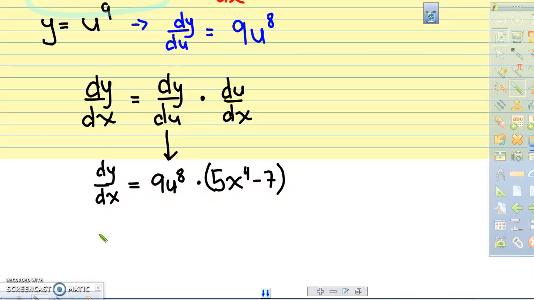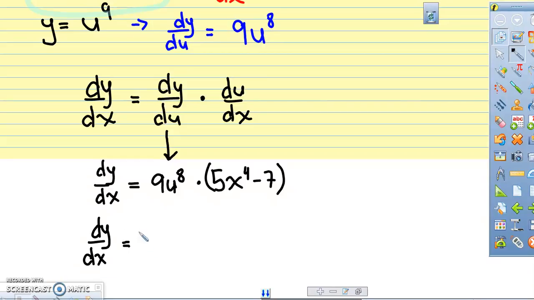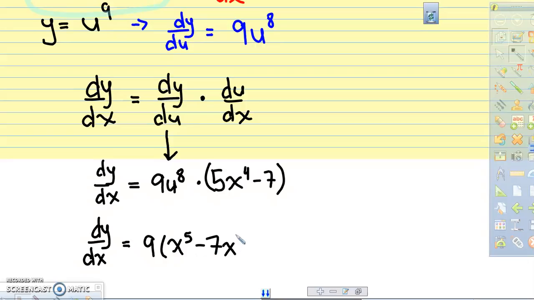So dy over dx is equal to 9 times x to the 5th minus 7x to the 8th times 5x to the 4 minus 7.